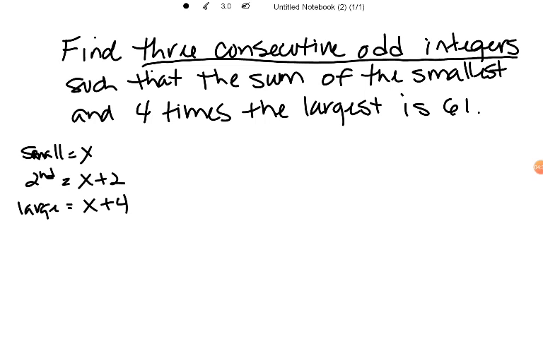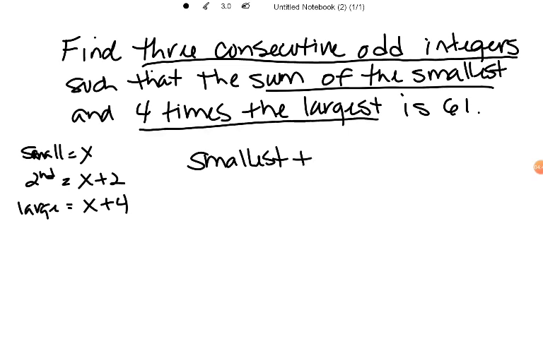So how are we going to set this up? We're going to say the sum of the smallest and 4 times the largest is 61.